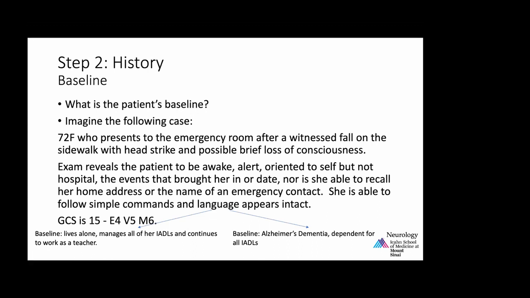So for example, if you have a patient who comes in having a witnessed fall with head strike, the scenario is incredibly different depending on if they live alone and were on their way to work, versus if they have Alzheimer's dementia and are dependent for all of their ADLs.